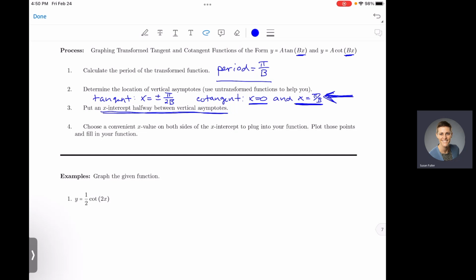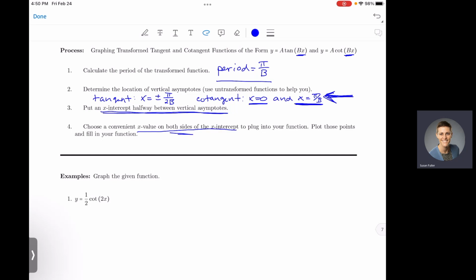And then we just have to figure out whether these things increase from left to right or decrease from left to right. Instead of trying to memorize which one does which and whether you have to flip it upside down or not, I think it's easier to just pick an x value and plug it into your function to get the y value, and that'll tell you what your function does. So you're going to choose a convenient x value.